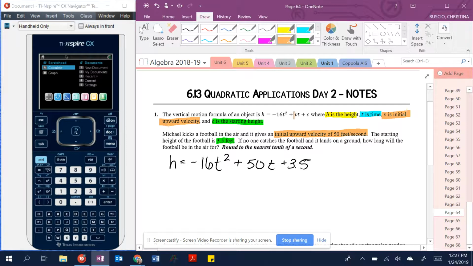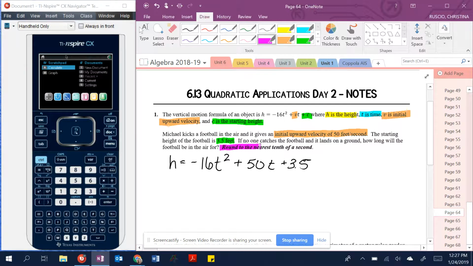So what we just did here was substitute in 50 for v and 3.5 for c. As you can see, we have a quadratic equation now, and it tells us here that we need to round to the nearest tenth of a second.